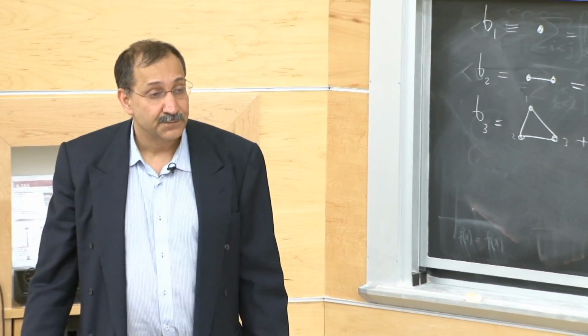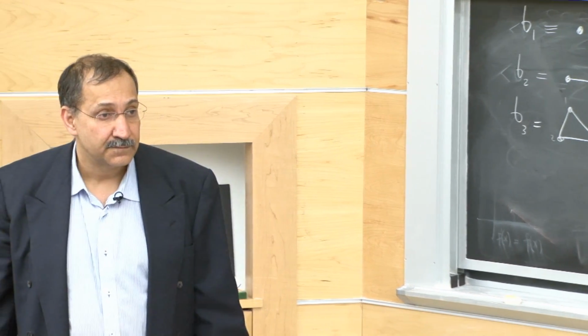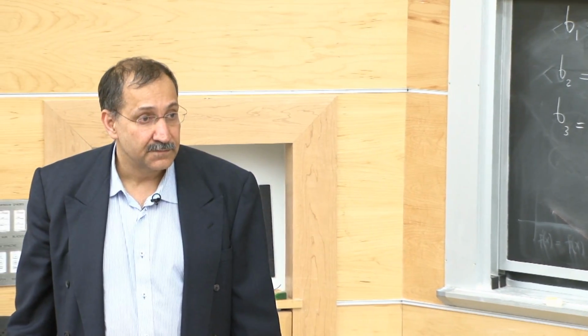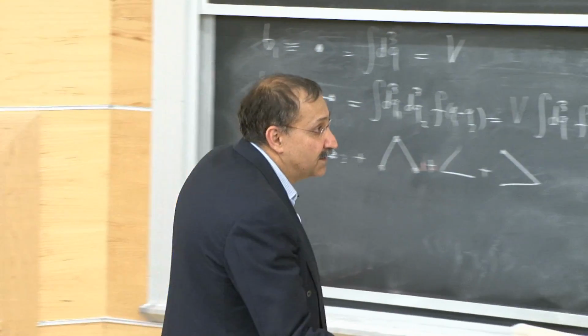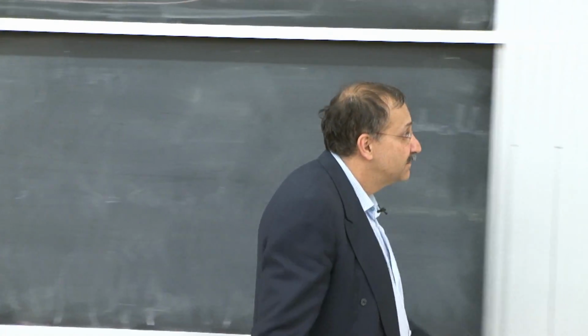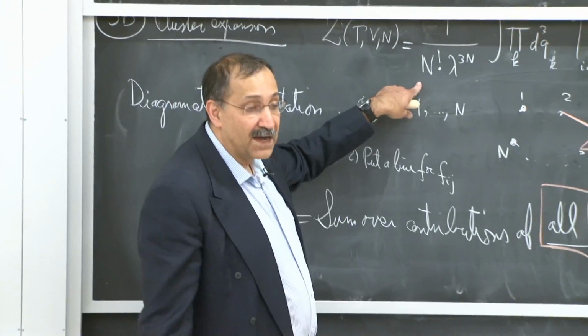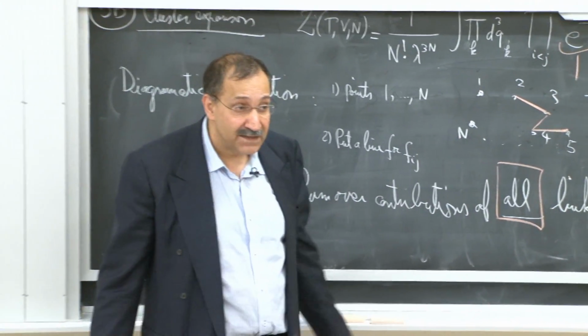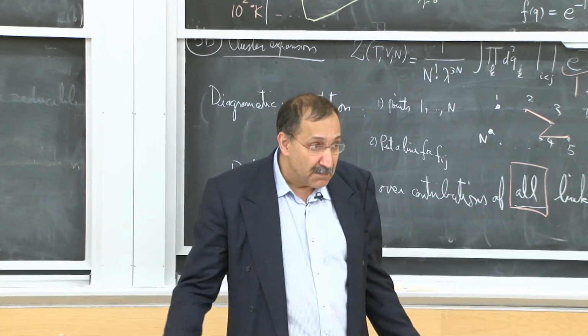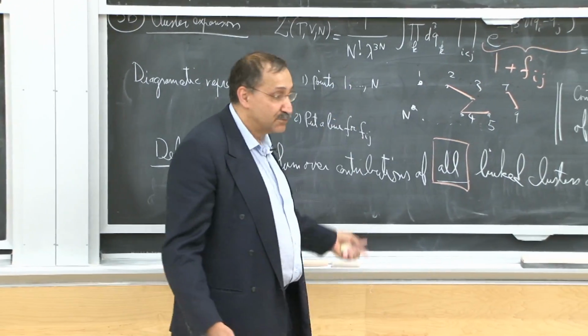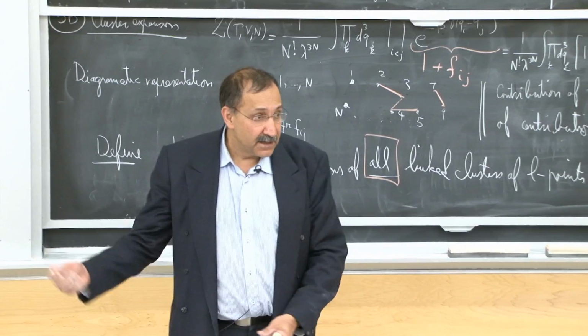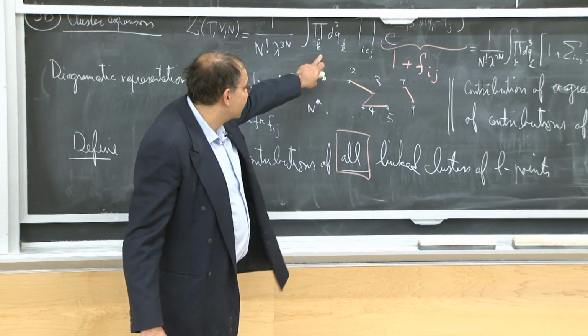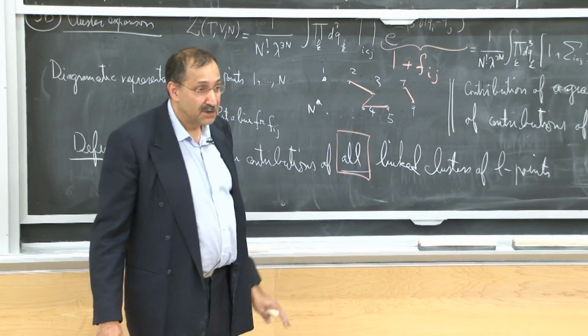Yes? Do we still count all those diagrams if the particles are identical? Yes. Because here, at this stage, there is an n factorial out here. All I'm really doing is transcribing a mathematical formula. The mathematical formula says you have to do a bunch of integrations, and I'm just following, translating that mathematical formula to diagrams.